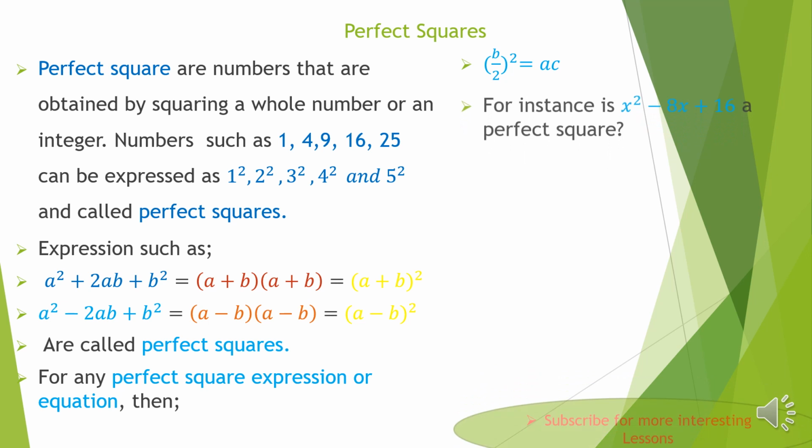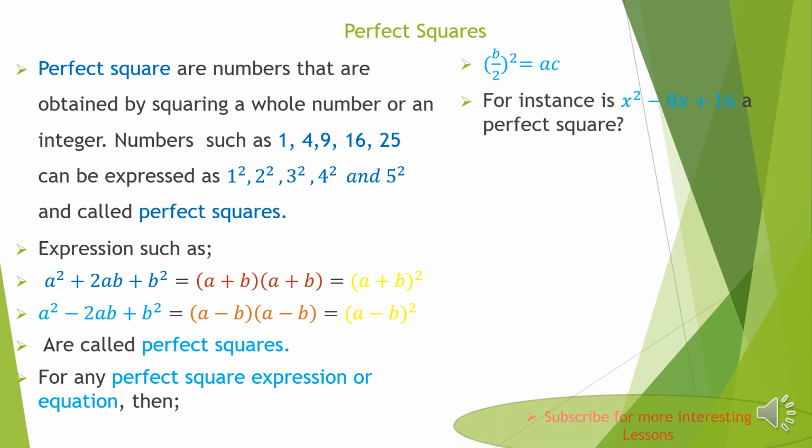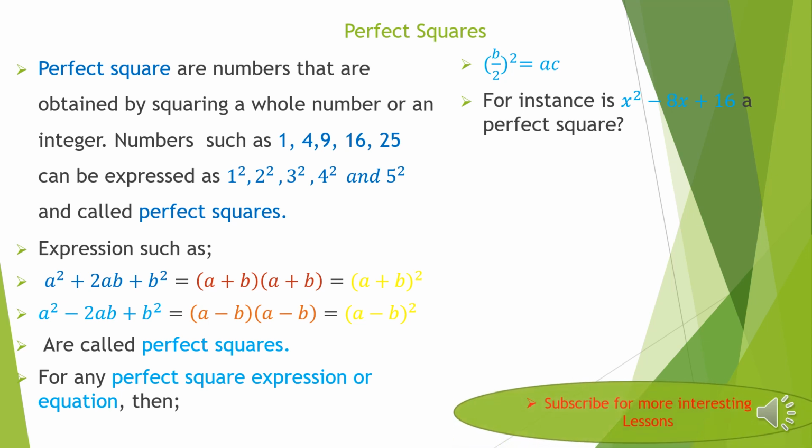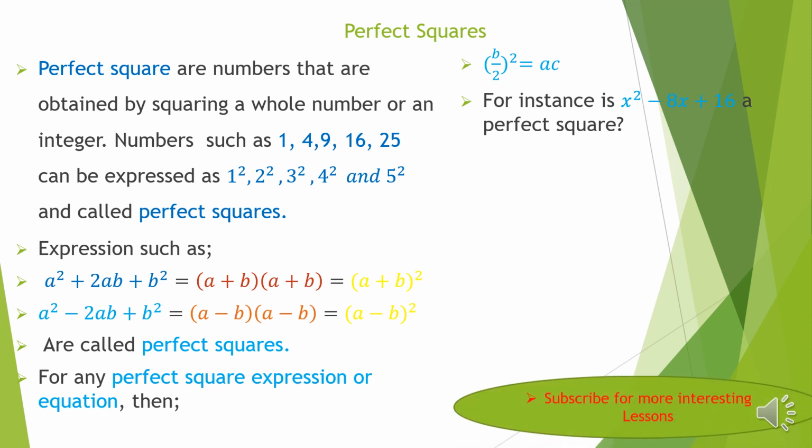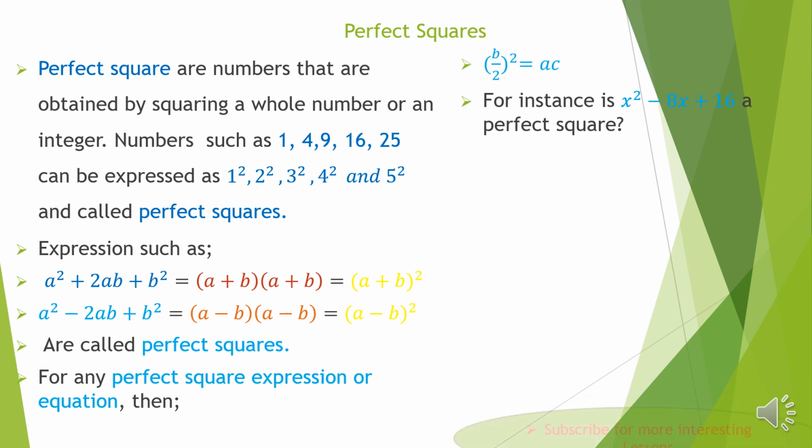Now consider this, for instance: is x squared minus 8x plus 16 a perfect square expression? Look at it. Now realize that you can first of all single out those constants so that we know what is our a, what is our b, and what is our c from that expression.